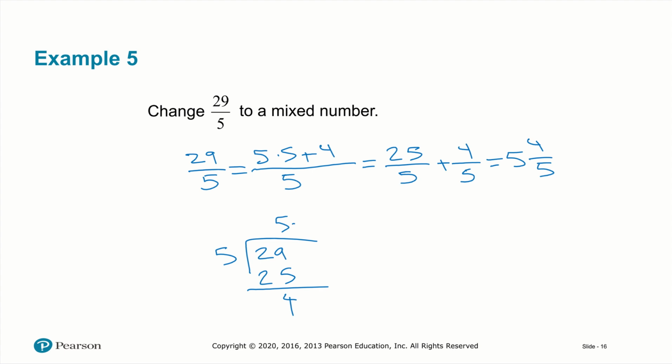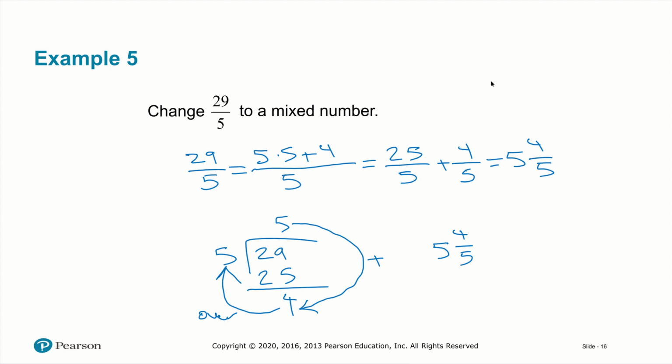You're going to start up here with the 5, then go here, and then, so 5 plus the 4 over that 5. So you just get 5 and 4/5, same way, okay?